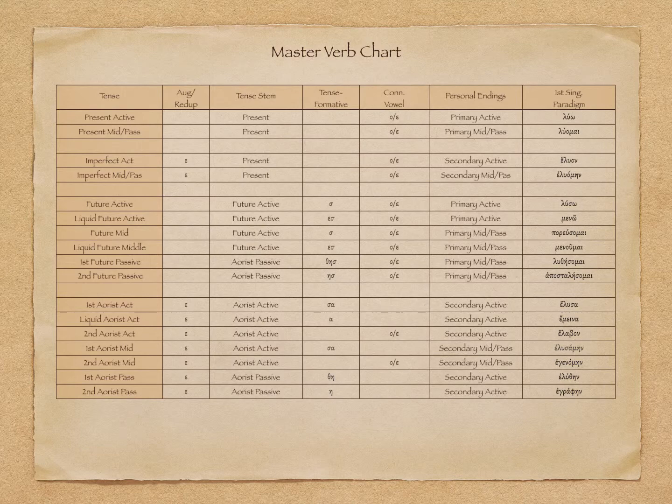This chart, the more quickly you can memorize, especially the tenses that use an augment, the tense formatives that occur for certain tense stems, and the connecting vowel patterns, have those middle columns down, and you're going to be down the road.